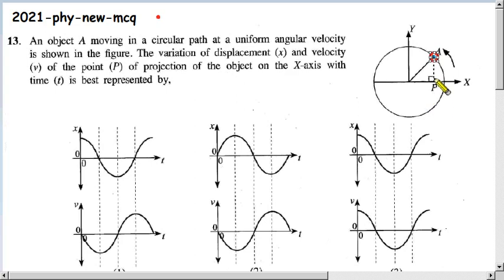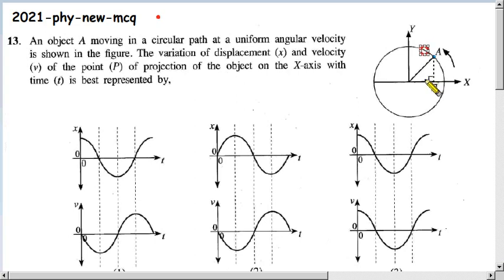I am keeping this pen, you can see my pen, always at the point P, the projection that crosses the x-axis. So this object A is moving like this, so I have to keep this pen perpendicular to the x-axis, like this.